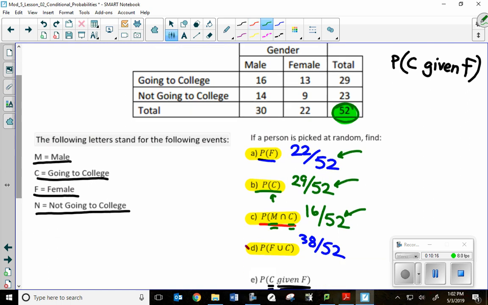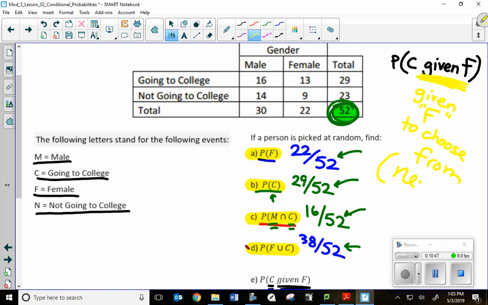Female or going to college, 38 out of 52 because every one of those probabilities was taken when you were considering everybody interviewed, all 52 people. This is not the case for given. We are only given the females to choose from. So we are given the F, which is female, to choose from. That becomes our new denominator, if you will.